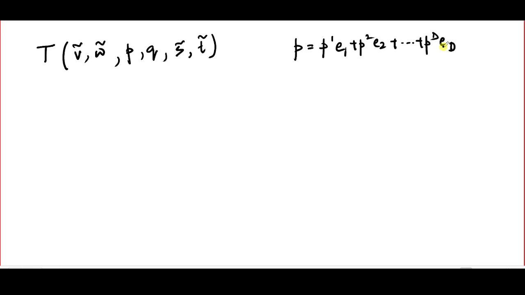Covectors also form a vector space, a different vector space with a different basis. Let's say the basis vectors there are F1, F2, F3 and so on.